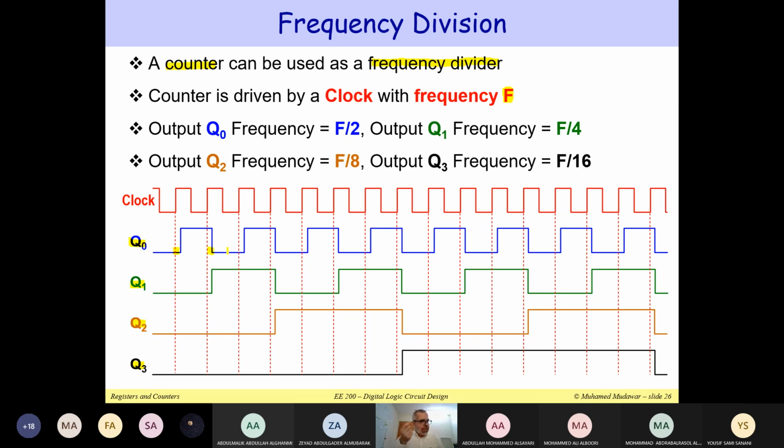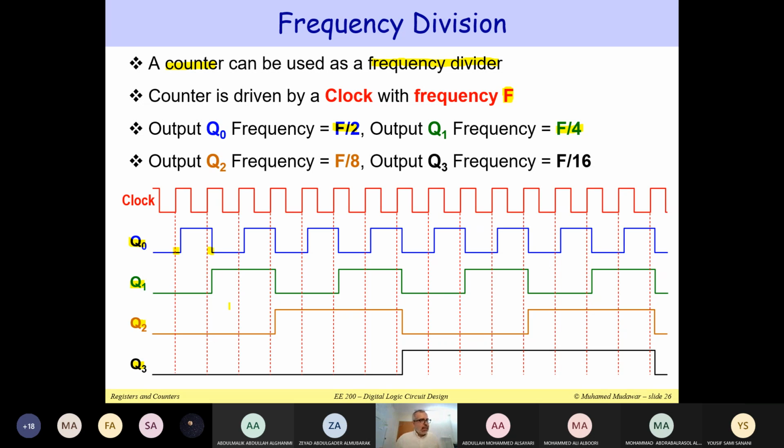If the counter is always enabled and always counting, Q0 has the same shape as the clock, but half the frequency. So the frequency of Q0 is f over 2. The frequency of Q1 is f over 4, a quarter.